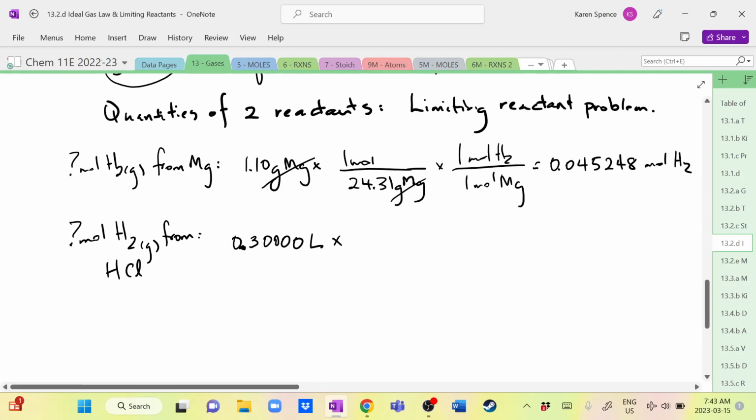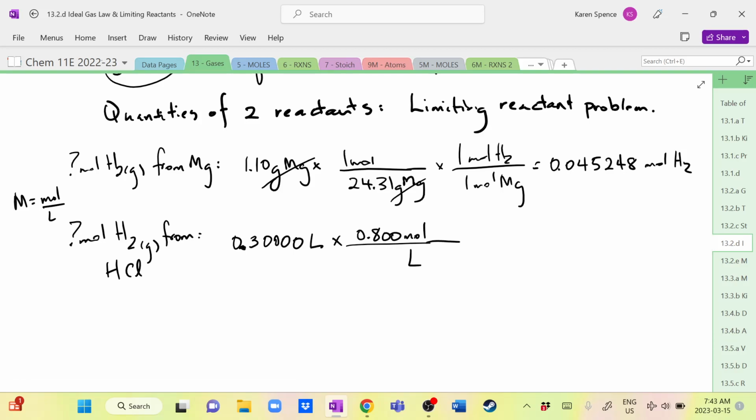Remember, of means times. Remember, molar means moles per liter, so that's 0.800 moles of HCl per liter.